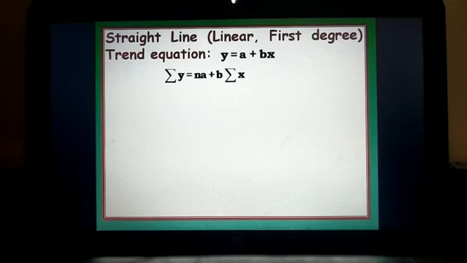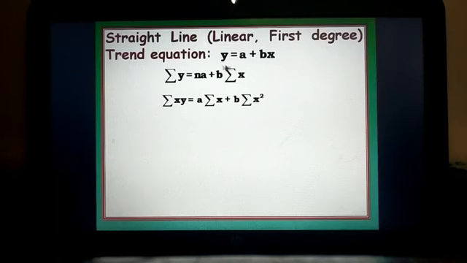Fine. The second normal equation, how is it to be found out? By applying summation of x to this particular equation, we will get the second normal equation. So when summation of x is applied here, concentrate on the cursor.